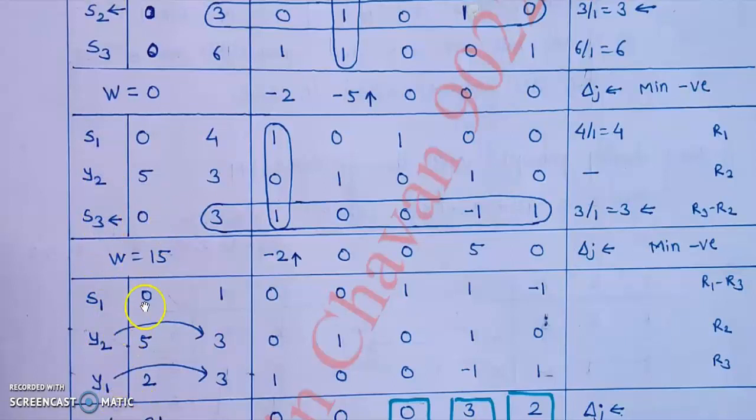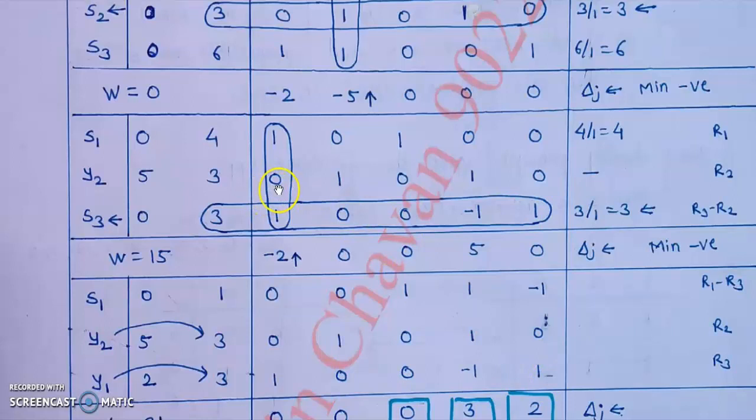Okay. Now the coefficients of S1, Y2 and Y1 are taken from the objective function and we again perform the row transformation. I repeat, the key element is 1 here, which is common to the key row and key column. If it is not 1, we divide the entire row by the key element, which is already 1 here. That's why we write the third row as it is: 3, 1, 0 and 0, minus 1, 1 is also carried to the next table.